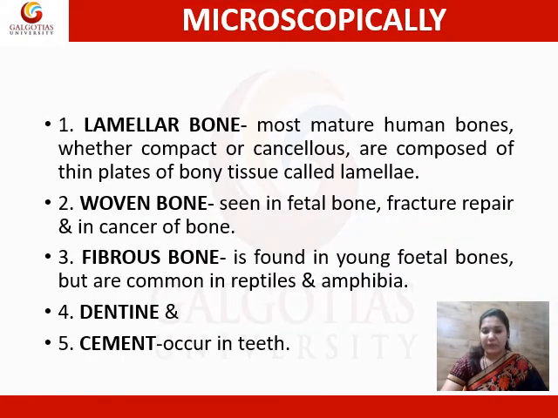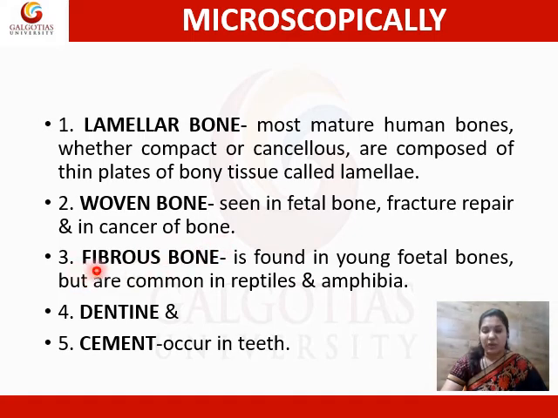Then microscopically, the bones are divided into five parts. First is lamellar. Lamellar bones are the most mature bones in human bone, whether compact or cancellous. They are composed of thin plates of bony tissue called laminae. Woven bone is seen in fetal bone, fracture repair, and cancer of bone.